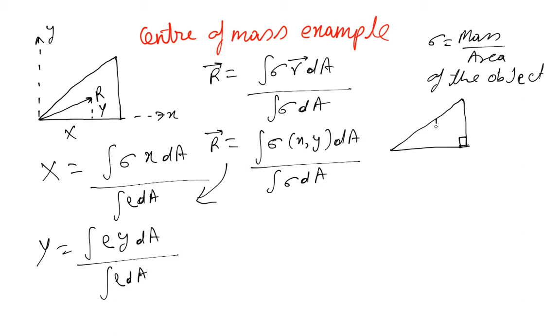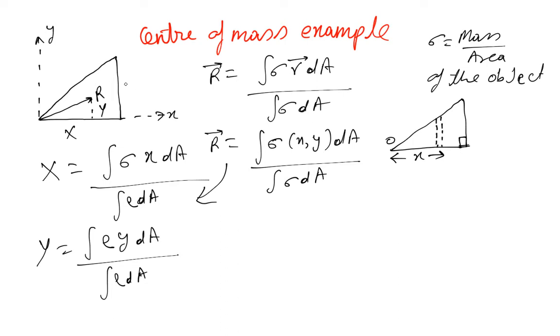So let's choose a strip here which should act as dA for the X component. You see, this whole strip is at a constant distance X from the origin, so all over the strip X is not changing, and here all we are worried about is the X, so we really don't have to worry about the Y part.